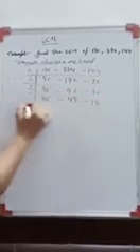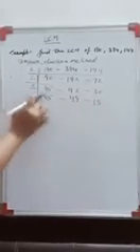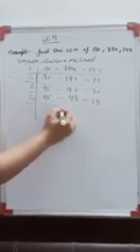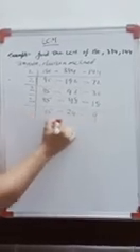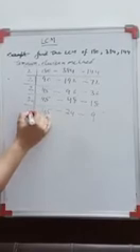Similarly, 18. Again, we will start with 2 because 2 numbers have the common factor 2. 45 is not divisible, we will write it as 45. Then 24, 9, right? Next, what is the common factor? Can I write 3?